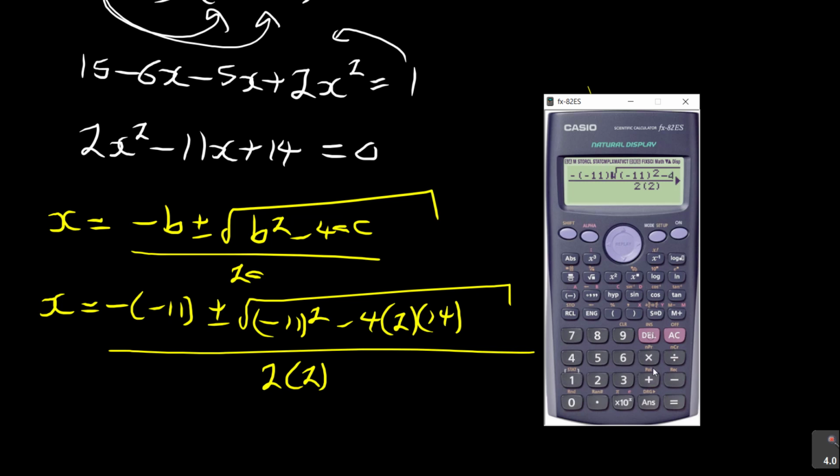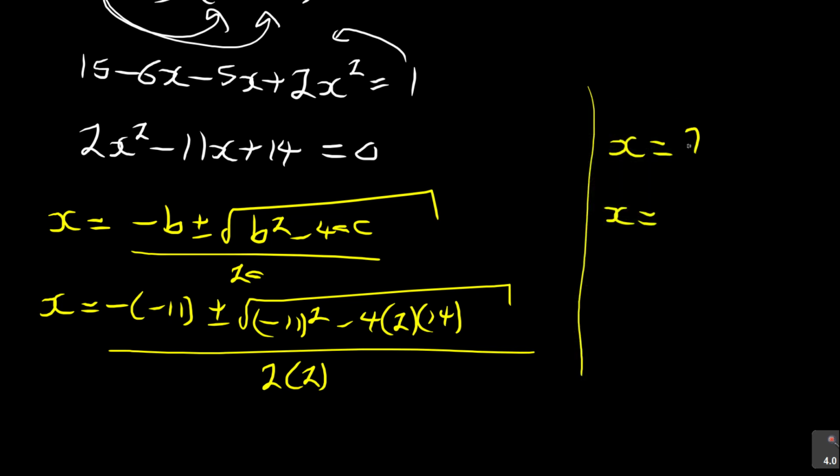And the second, with a minus there, is 2. So x is 7 over 2 and x is equal to 2. These are the values of x that I'm having here. So I've managed to solve. Remember, the question was solve for x.